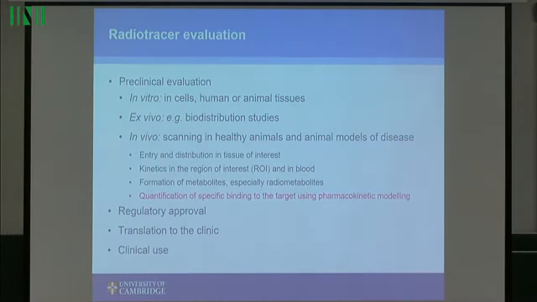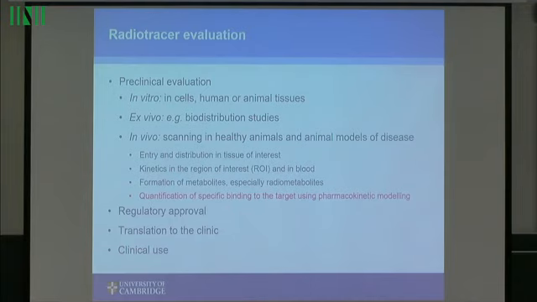So the evaluation, first of all, we make sure we have the right thing that we were expecting in the right concentrations with the right pH, and that it is going to be stable in the solution in which we have prepared it. And then we test it in cells or in tissues that we have obtained from various disorders in animal models or from brain bank, from human tissue.